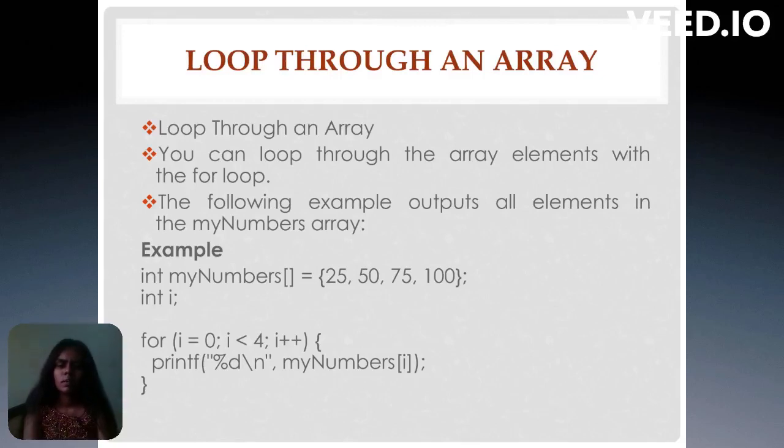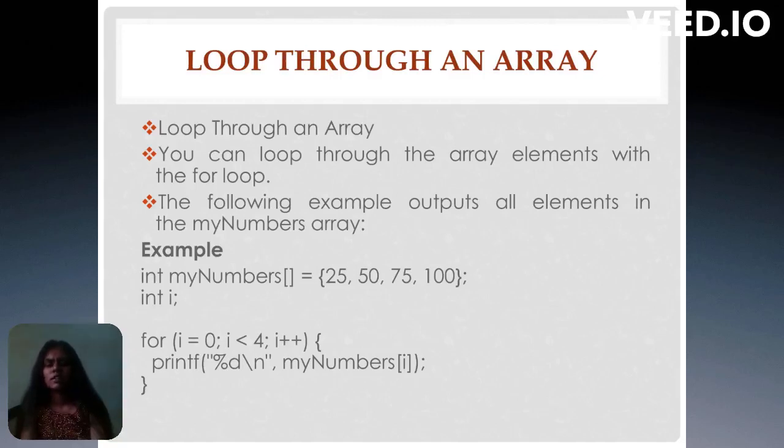So the number 25 gets printed, and then it goes back and the value of i gets incremented, so it becomes 1. 1 is again less than 4, so it enters the loop and prints 50. Again it gets incremented and prints 75, because 2 is less than 4.